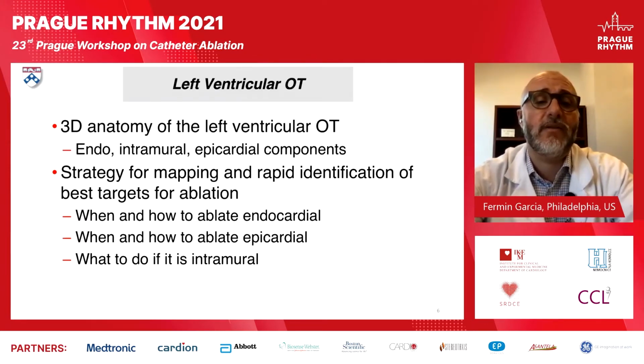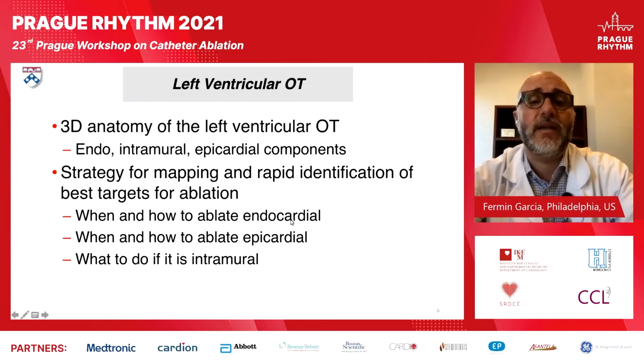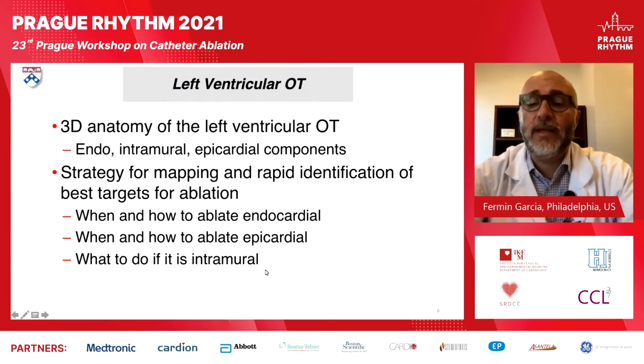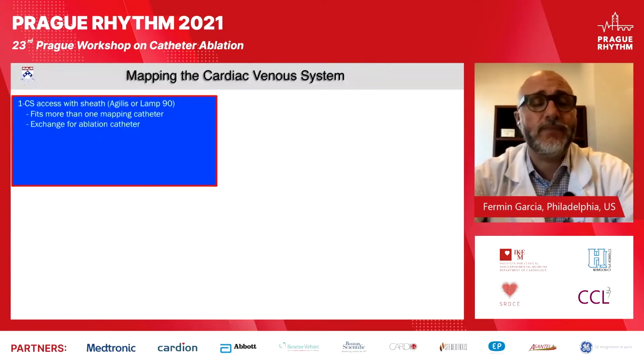In that case you have to define your ablation strategy either from the endo or the epi, even though it comes from neither, because at this point in time we don't have any tools to ablate intramural arrhythmias.